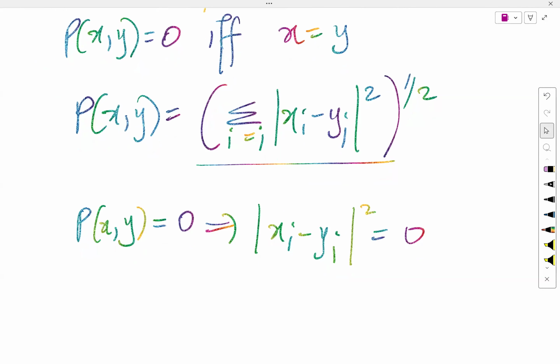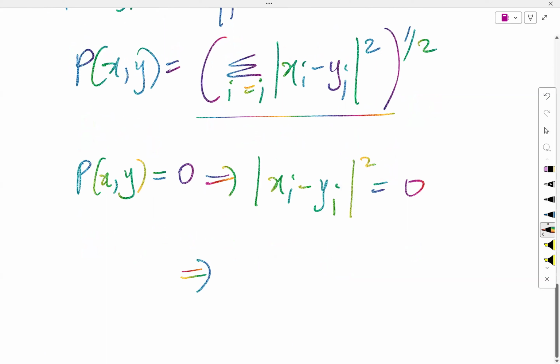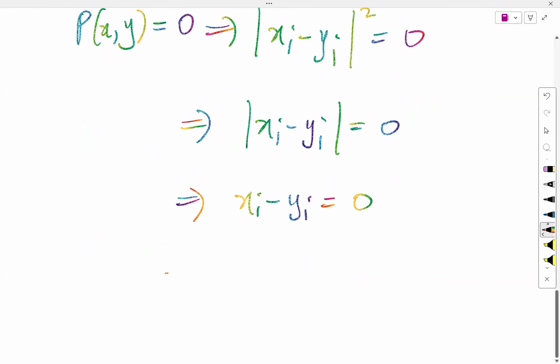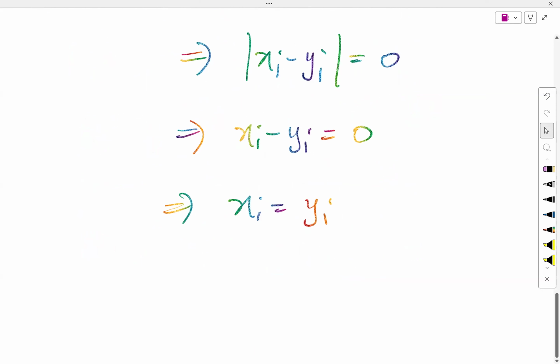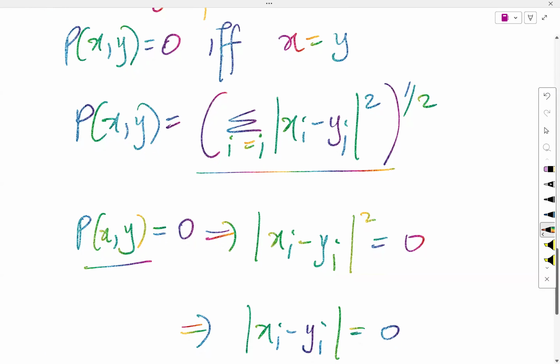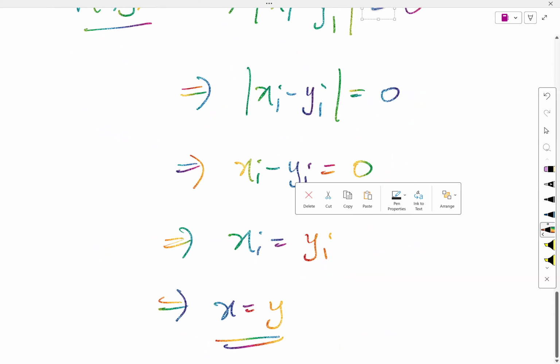And then if you take the square root of both sides, you have absolute value of xi minus yi equals 0. Okay? And then that means that xi minus yi is equal to 0, and then that is xi equals yi. Whatever the value of I is, that means that x is equal to y. So you see, you start from P of xy equals 0, and you end here, all right?